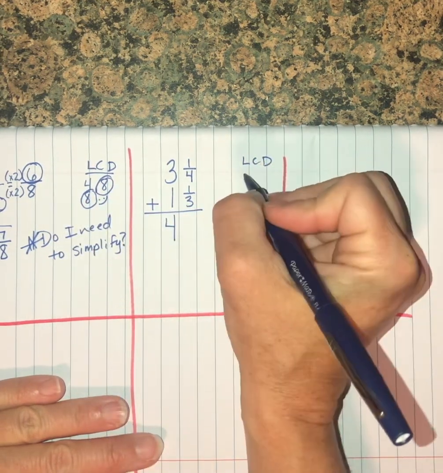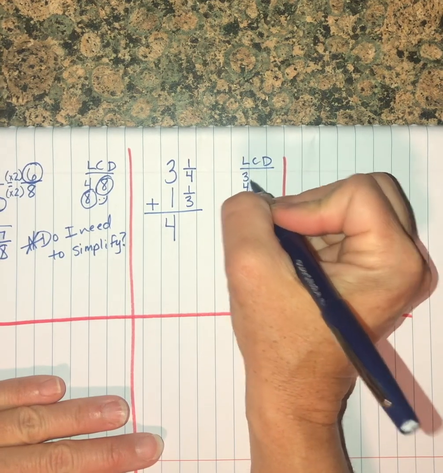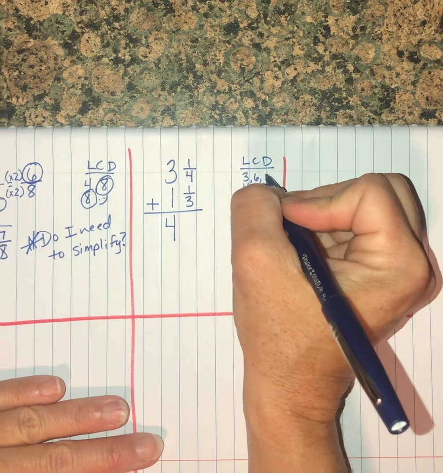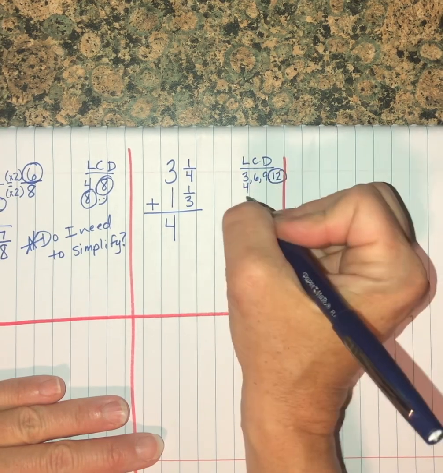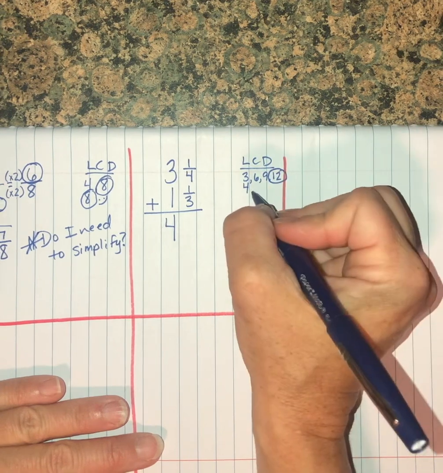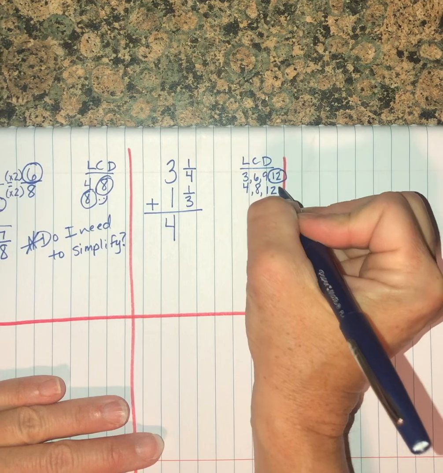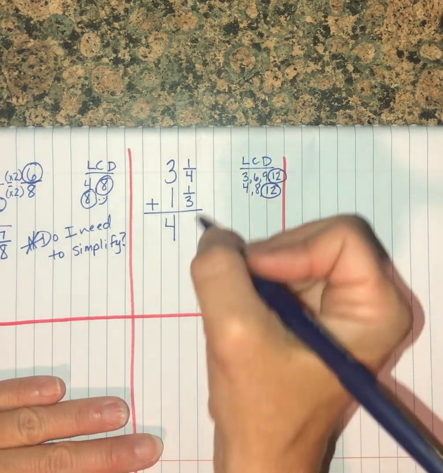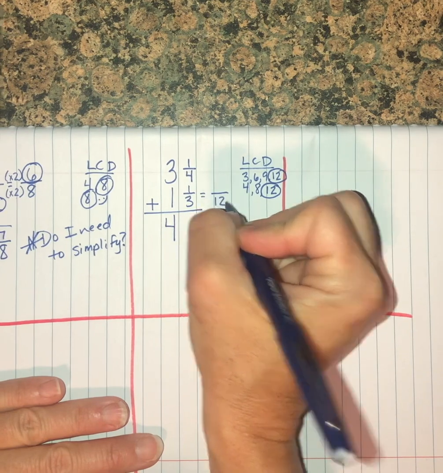Our LCD of 3 and 4: 3, 6, 9, 12. I stop when I have somebody in common with 4 because I know the multiples of 4 are 4, 8, and 12. So I'm going to create equivalent fractions.